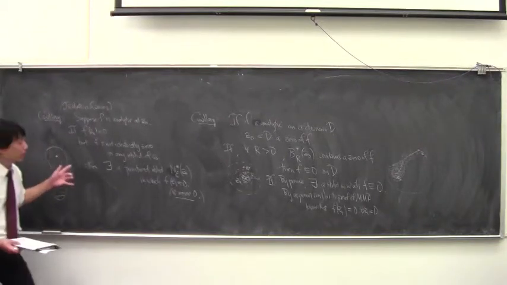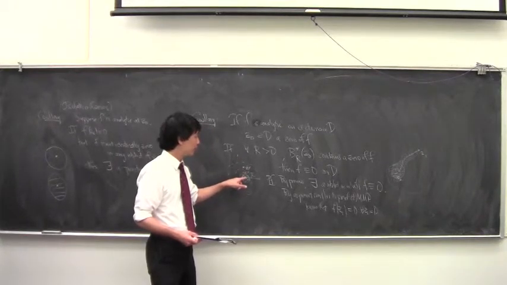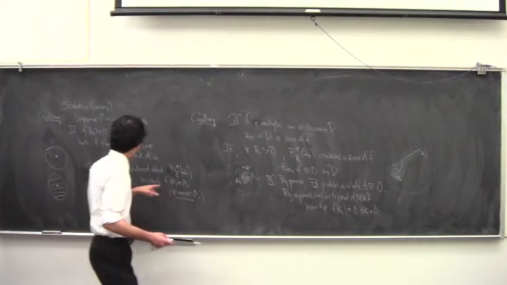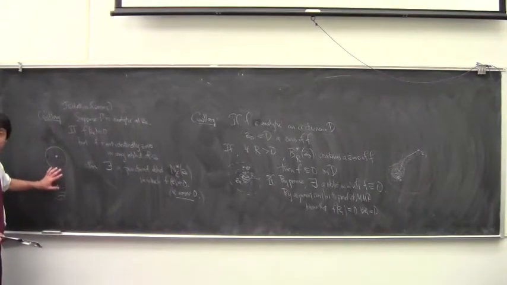Okay. So now here's the setup. In the second one, you have a 0, and in every neighborhood, there's another 0. It's a non-isolated 0. Being a non-isolated 0 means that there must be some neighborhood in which everybody is zeros.